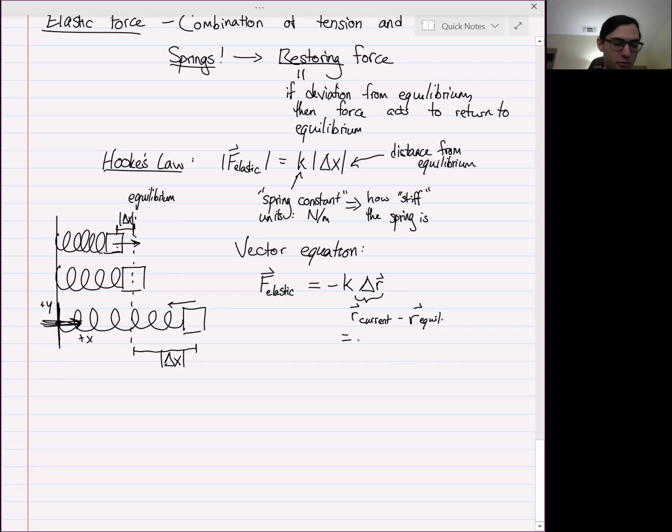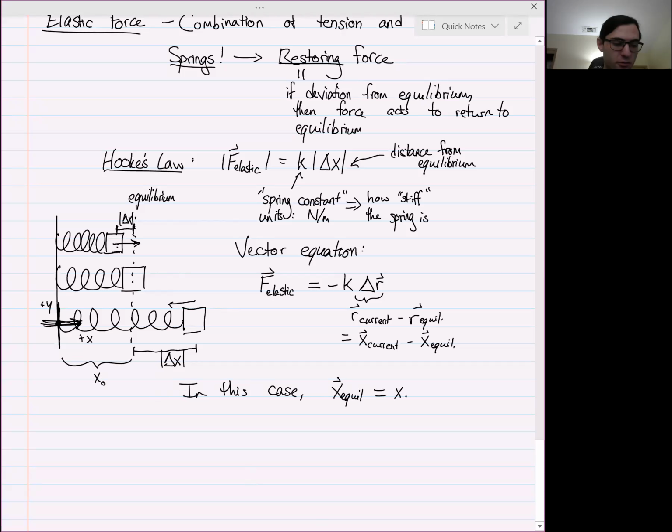And then I'll write this as x current minus x equilibrium. So in this case, x equilibrium would be, whatever this distance is, let's call it x naught.